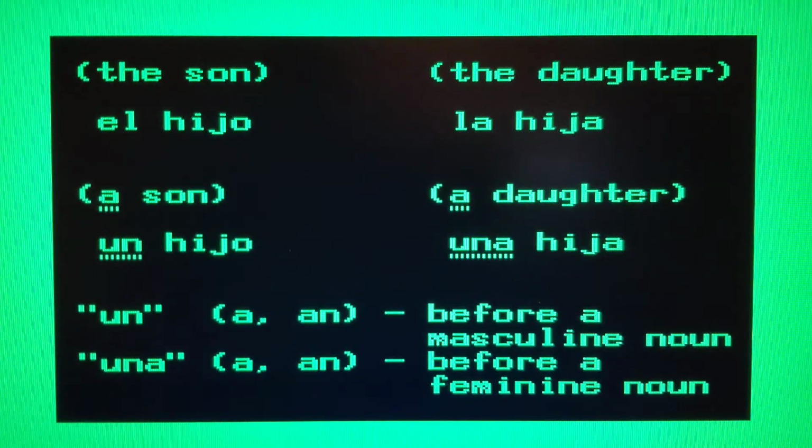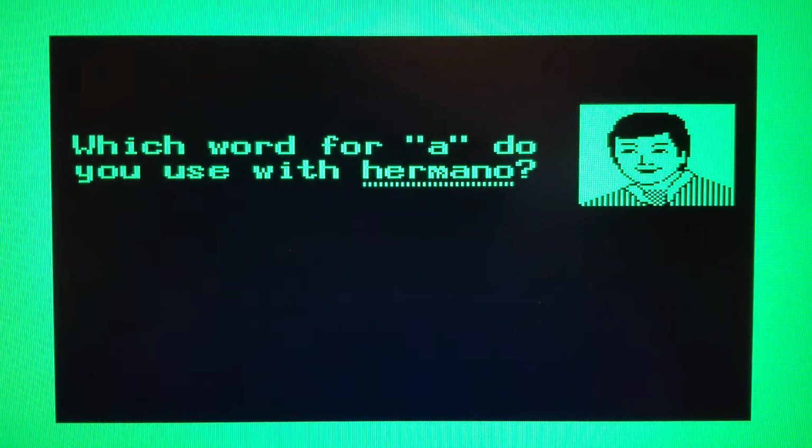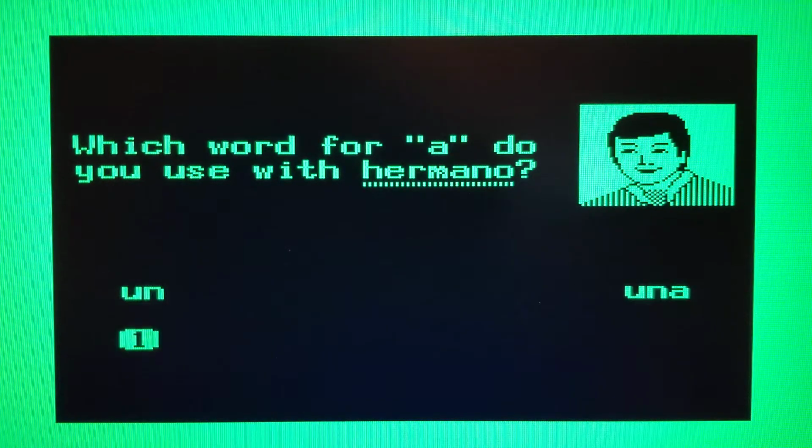The Spanish for "a" or "an" is un before a masculine noun and una before a feminine noun. Which word for "a" do you use with hermano? Eso es.